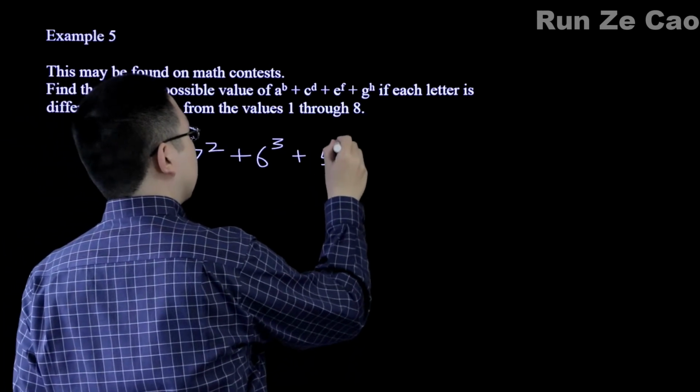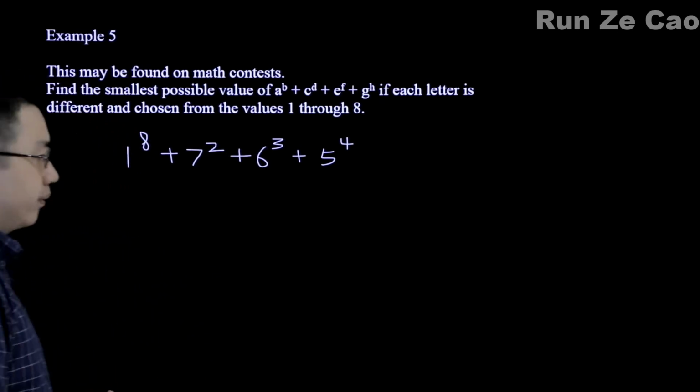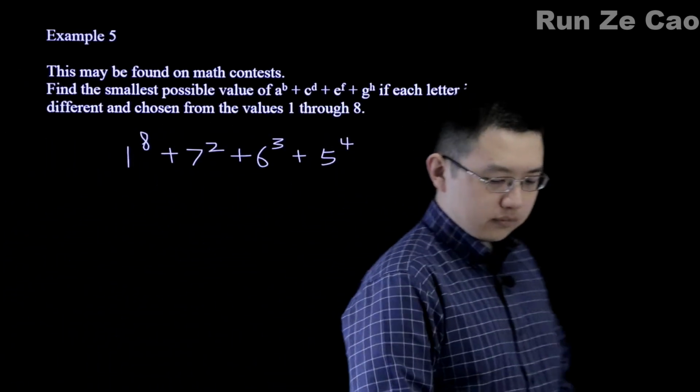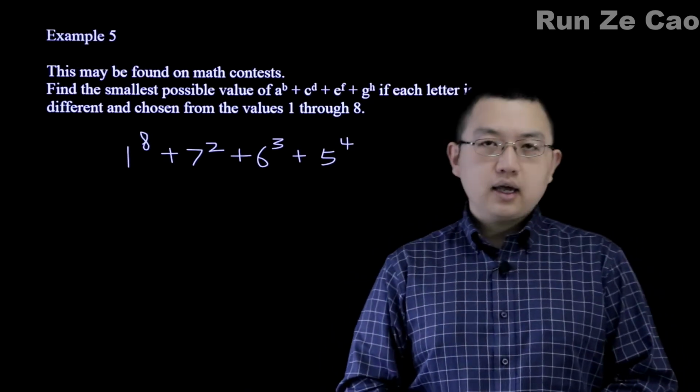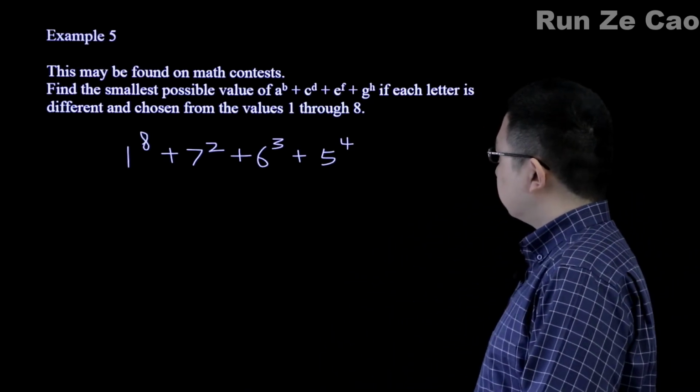Plus 5 to the power of 4. Now, this is the smallest possible value of this expression.